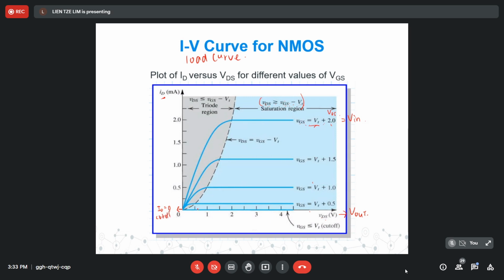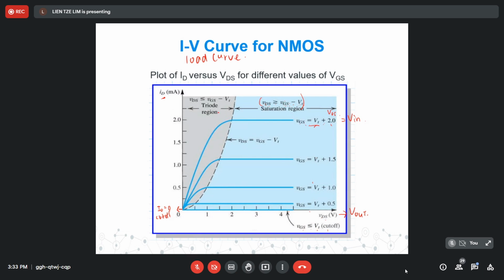So you see the line here is indicated as cutoff, and the input voltage is below the threshold voltage. And then when the input voltage is increased higher and higher, you see the curve here, the slope will be large.